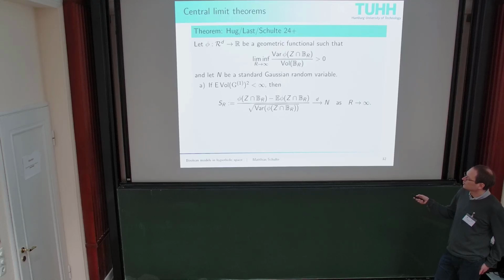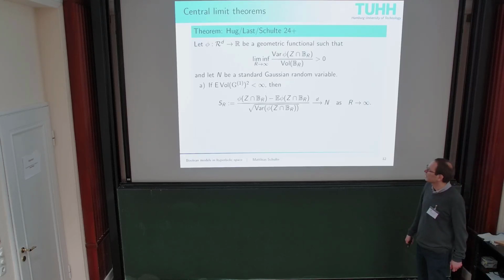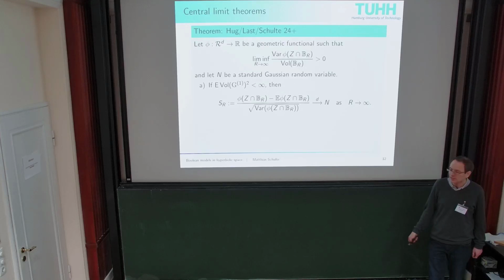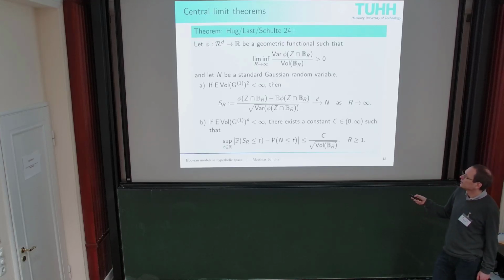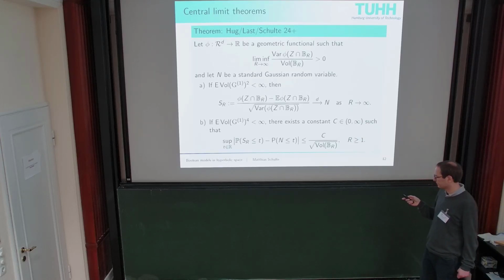As the radius of B_R goes to infinity, we obtain convergence in distribution to a standard Gaussian random variable. If we assume a finite fourth moment instead of a finite second moment, then we can even provide a rate of convergence for this convergence in distribution, which is 1 over the square root of the volume of the observation window.